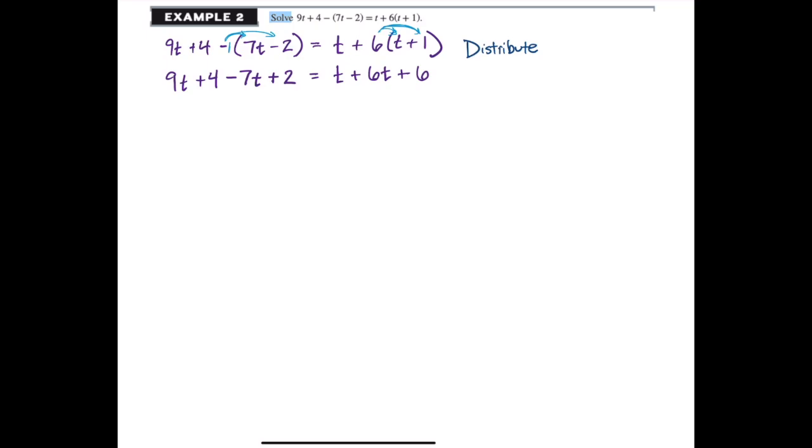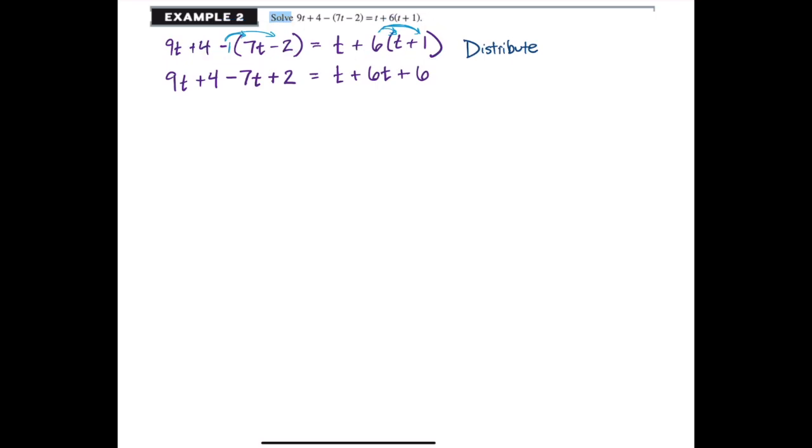So notice I kind of did 2 steps in one with that one. As you get more comfortable with this kind of process, you'll be able to start combining more steps, but when you're first starting out, it might be beneficial just to do one thing at a time. Maybe just distribute the left side and then write that line out, and then on the next line, distribute the right side.